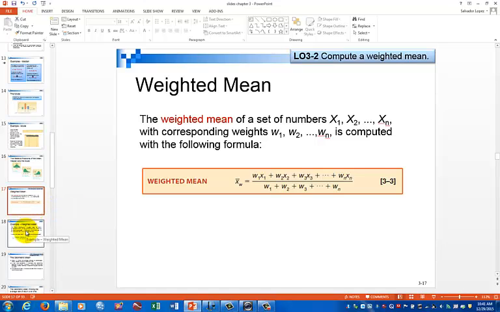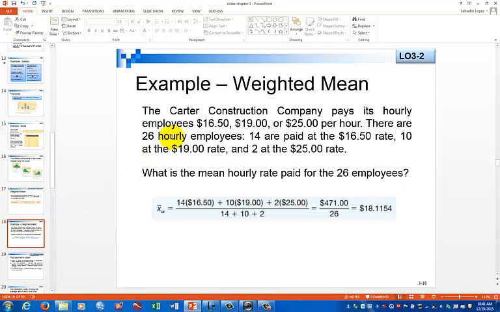And let me give you an example. The Cutter Construction Company pays its hourly employees $16.50, $19, and $25 per hour. Of the 26 hourly employees, 14 are paid $16.50, 10 are paid $19, and 2 are paid $25. What is the mean hourly rate paid for the 26 employees?